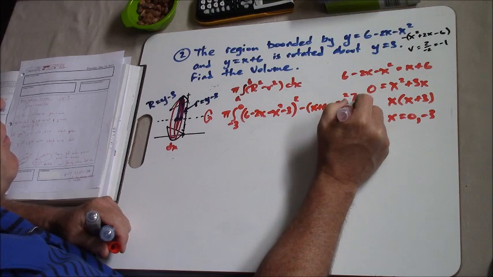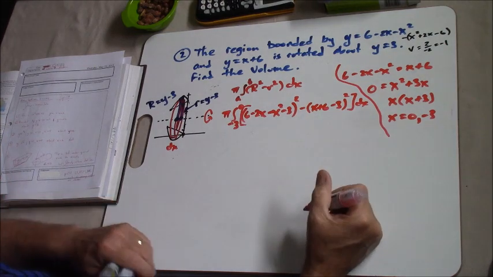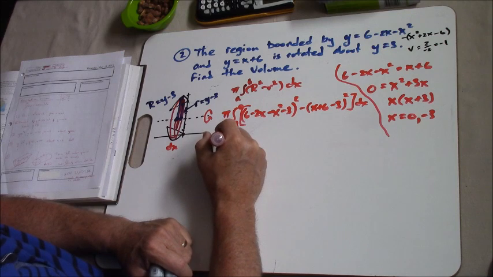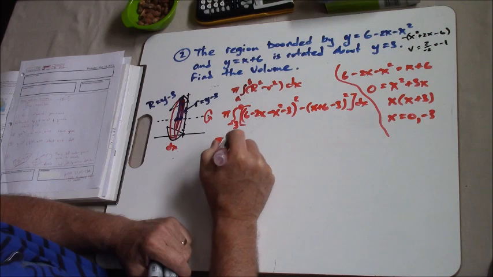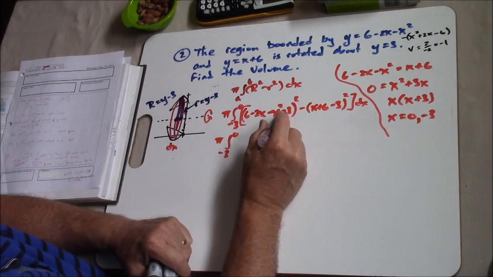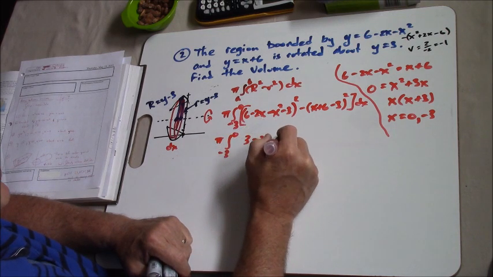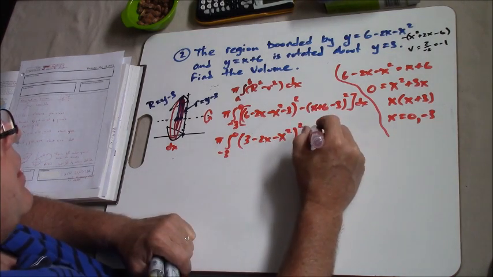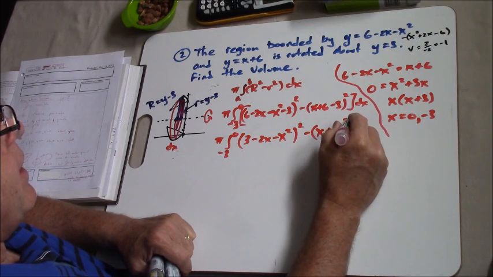And this whole thing in terms of x. And so I'll clean this up a little bit. I've got pi and then the integral from negative 3 to 0 of, let's see, 6 minus 3, that's 3. So I've got 3 minus 2x minus x squared, and I have to square that, minus x plus 6 minus 3, that would be 3, and I have to square that.